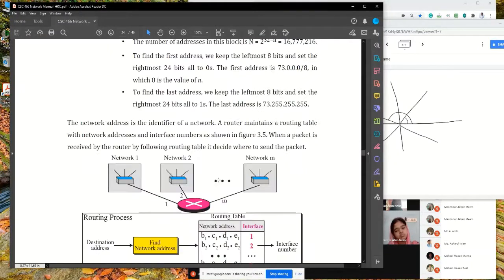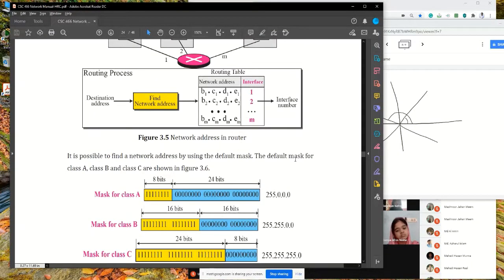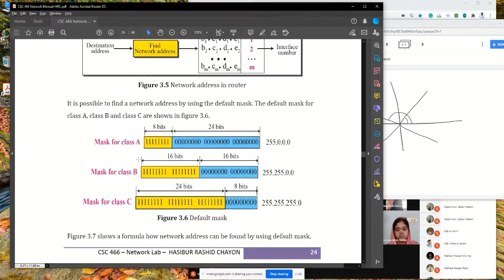So what is the mask, or how do we identify the mask? Whenever you convert your IP address into binary, the network portion of that IP address will be all 1s, and the rest of the part will be 0s.